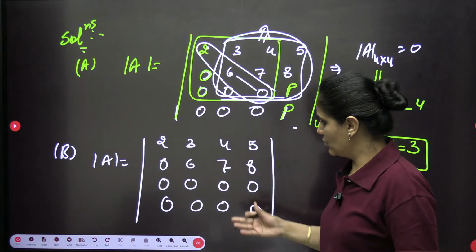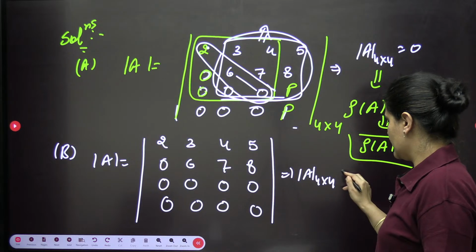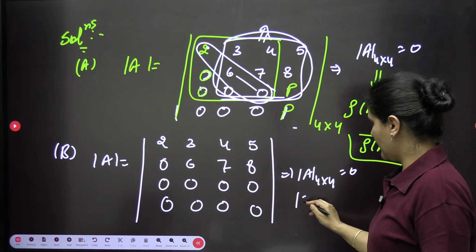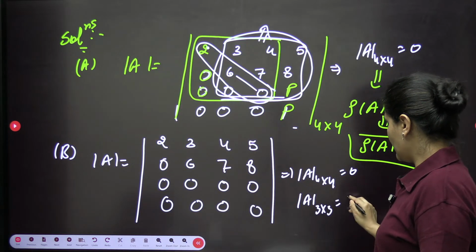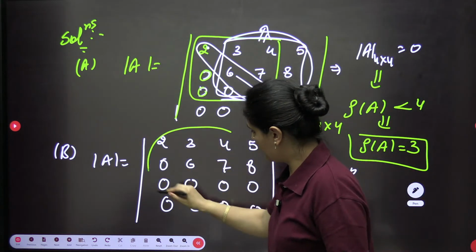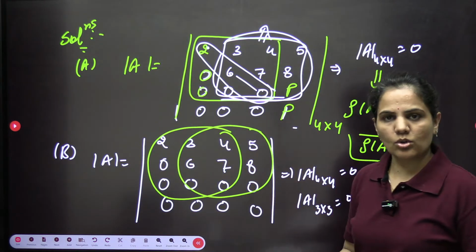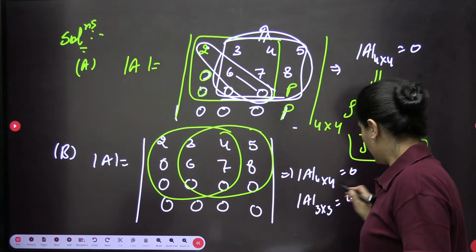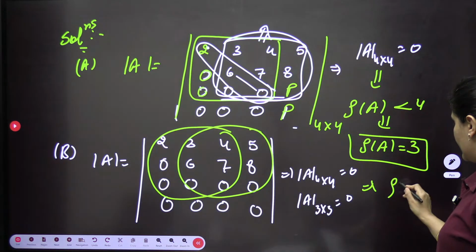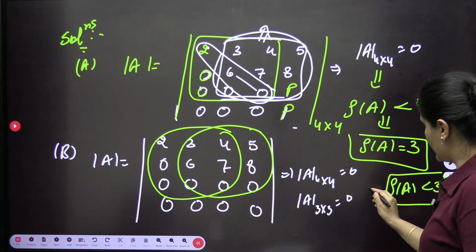So here the last two rows are 0, so the determinant of 4 cross 4 is 0. Since the last two rows are 0, the determinant of 3 cross 3 will also be 0 here. All the minors of 3 cross 3 will be 0, whether you take the very first minor, the second minor, or the last minor. So this clearly gives that the rank of matrix A is less than 3.